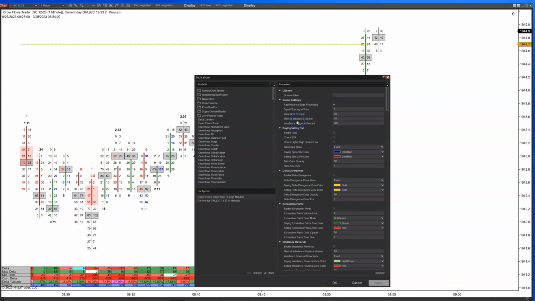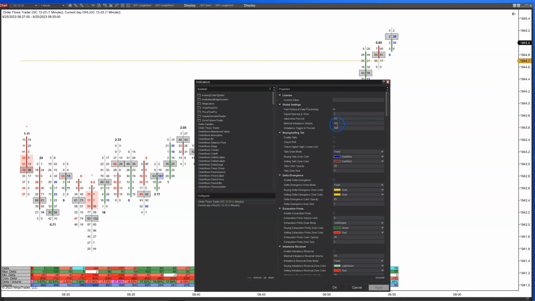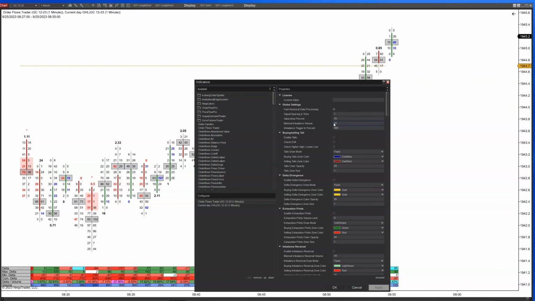We actually have another little setting that's, in my opinion, equally as important, which is minimum imbalance volume. You can see the setting of 10. So it needs at least 10 contracts traded on the heavier side, either the bid or the offer, for it to start calculating an imbalance.